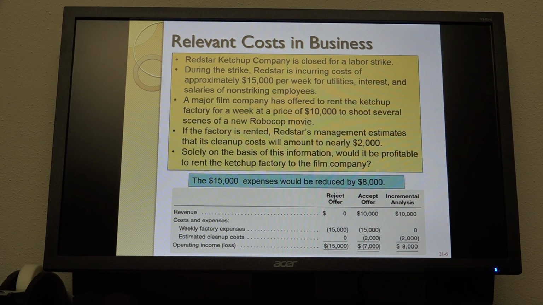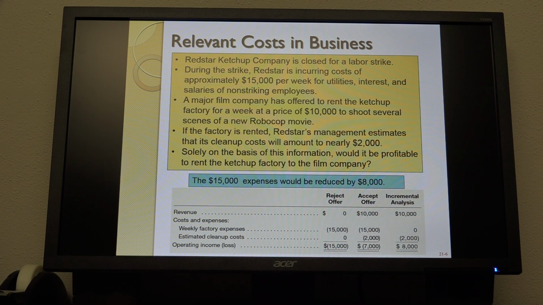And so a major film company has offered to rent the ketchup factory for a week at a price of $10,000 to shoot several scenes of a new RoboCop movie. If the factory is rented, Red Star's management estimates that its cleanup costs will amount to nearly $2,000.